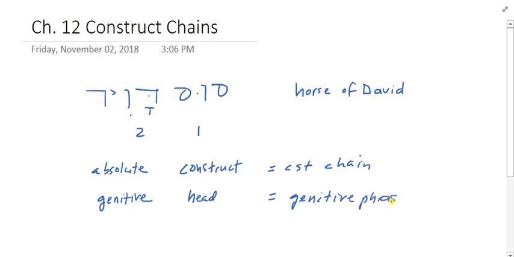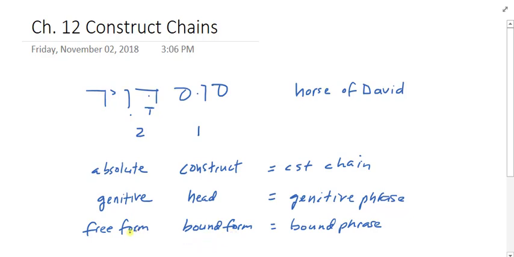Okay? A genitive phrase. Now, you can also see the language of thing 1 being called the bound form, and the second noun being called the free form. So these are just terms all for the same thing. And people who use that language refer to the two together as a bound phrase.